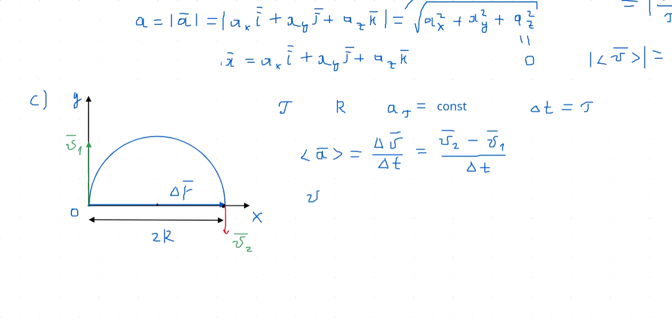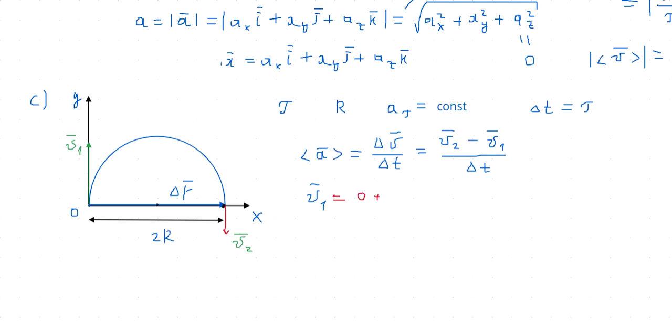If you want, I can try to write it. For v1, the x component must be 0, and the y component must be like R. So am I right?